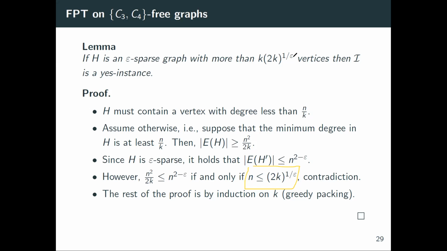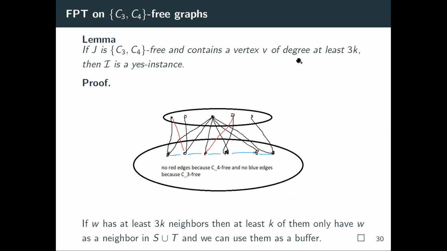All right, so how about the second part of the claim? What happens if we have a C3, C4 free J that has a vertex of degree 3k? Well, let's see what happens. If we have a vertex of degree 3k, I'm going to circle it here in yellow. How can the neighborhood of that vertex look?